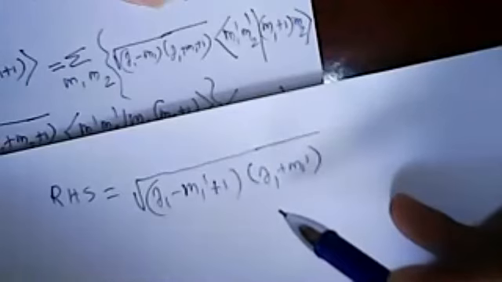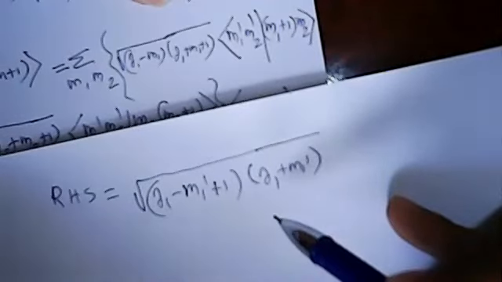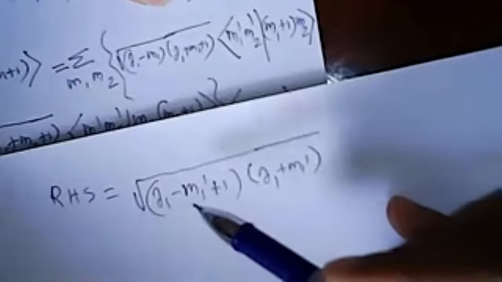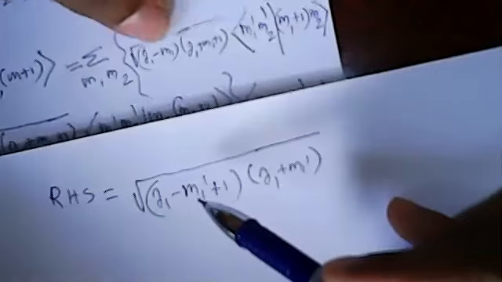This square root becomes like this: j1 minus m1 becomes j1 minus m1 dash plus 1, and j1 plus m1 dash.